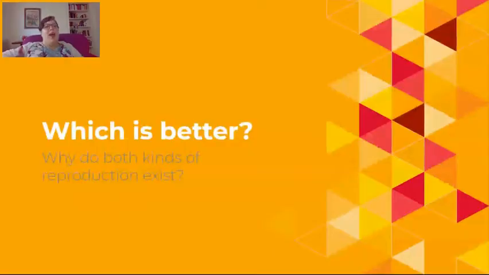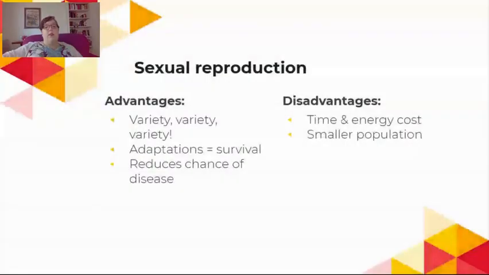So, why bother having two kinds of reproduction? Well, because there are advantages and disadvantages to each. So, the kind that we just talked about, sexual reproduction, the advantage is variety, which is great if you want to be highly adaptable to your environment.